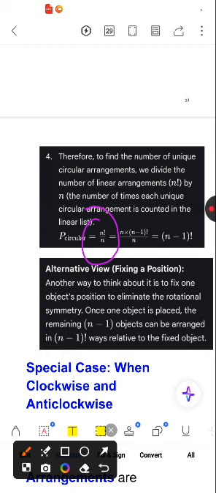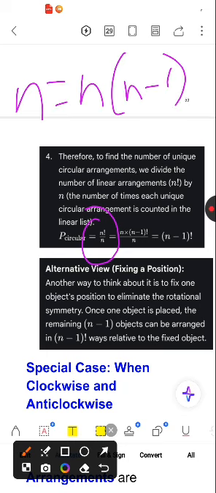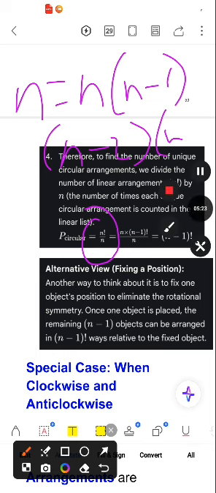And n factorial is equal to n times n minus 1, times n minus 2, times n minus 3. Always the next number is obtained by subtracting 1 from it. So n and n will cancel. That's how we obtain the circular permutation formula.